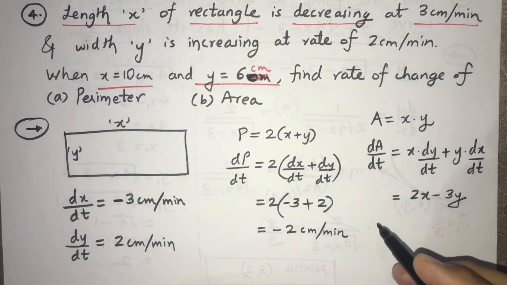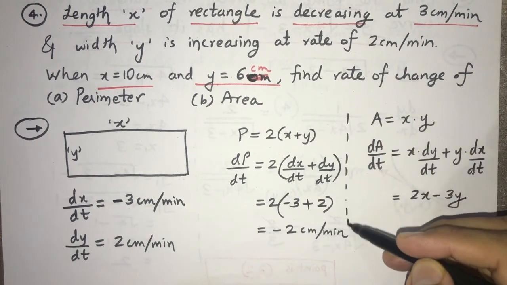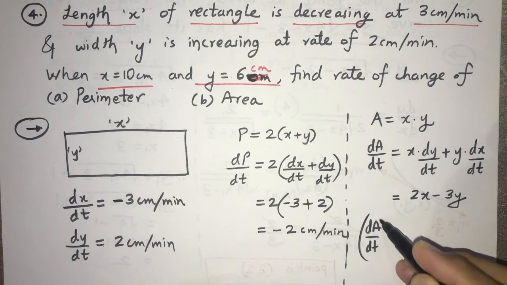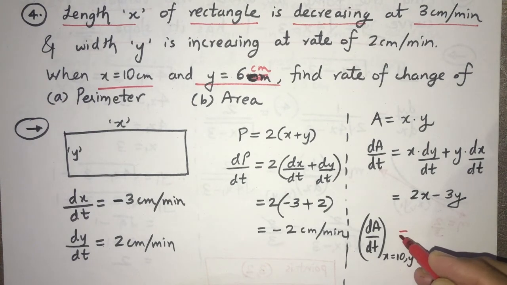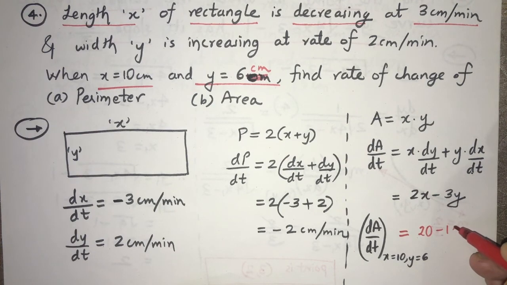Okay, finally we are going to find dA by dt, the rate of change of area at the values of x and y which they have said. At x is 10, y is 6. What is the value of the rate of change of area when x is 10, y is 6? We get 20 minus 18.